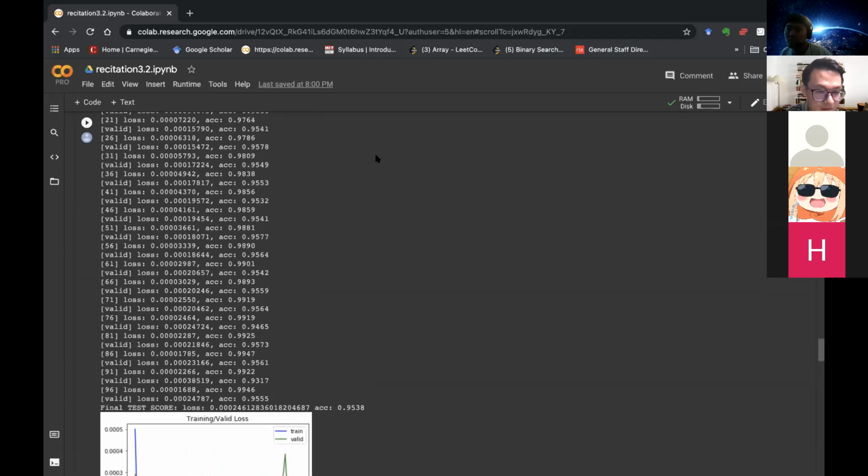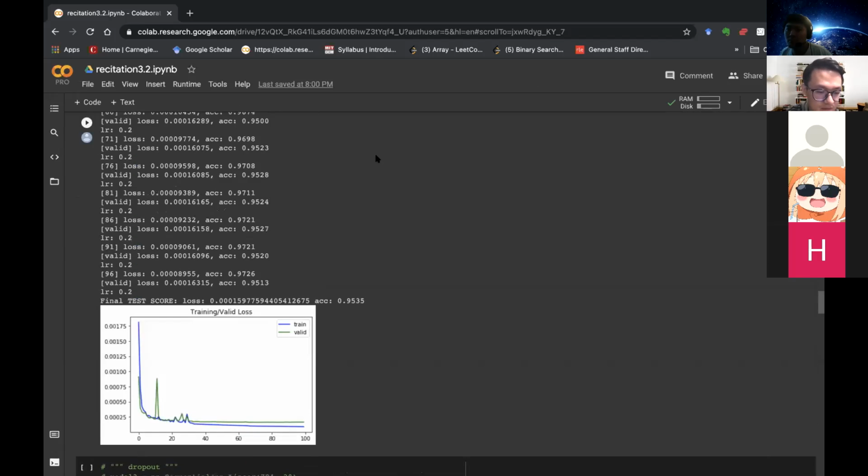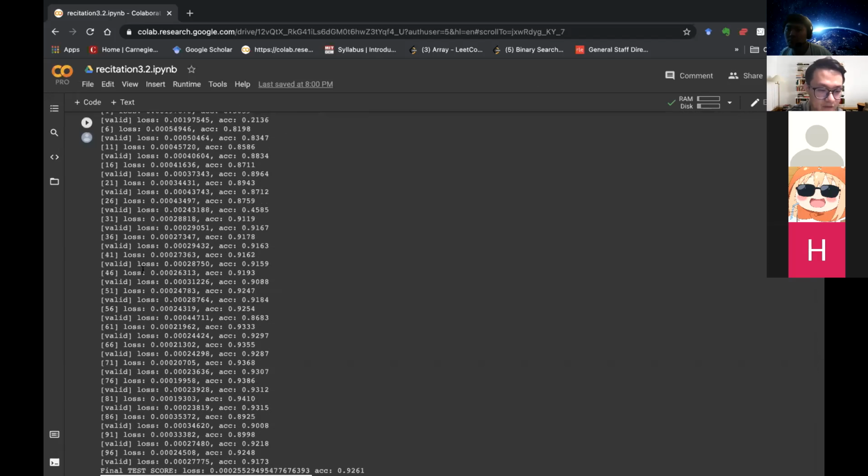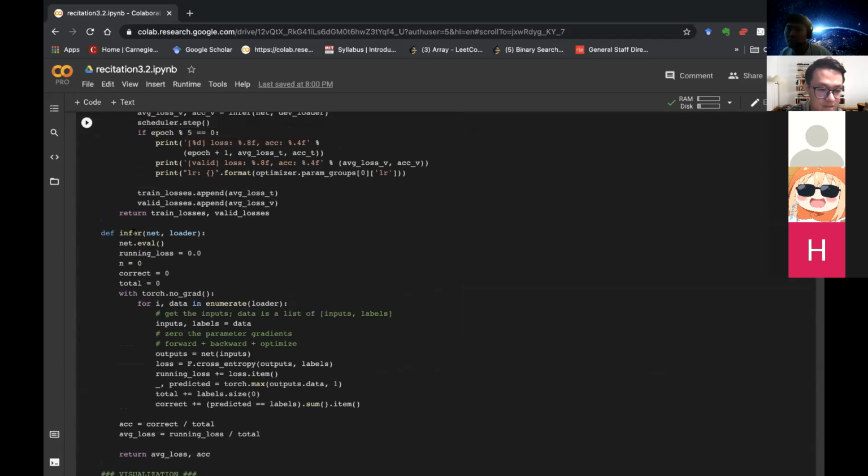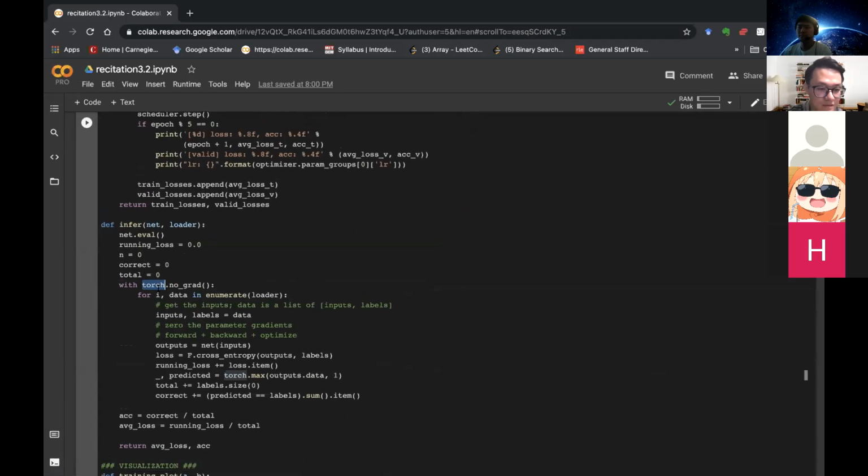Okay. Are you talking about this function? Did you mean model.eval? Yeah, you need to define this. Sorry, I forgot this, but you need to define this one to change your model from the training mode to the evaluation mode.